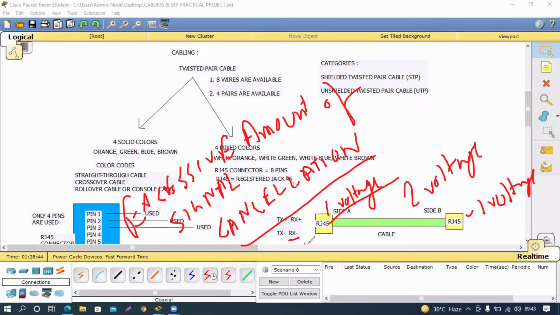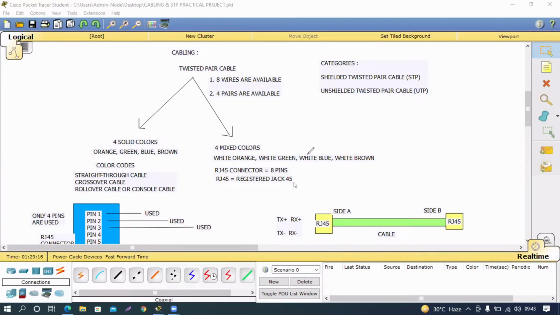Yes, sir. If this one is doing the TX, then this side will be subtracting one from here, and it will be the same because over here the capacity is what? One voltage on the pin. So the excessive amount of voltage, this is your signal, it is being cancelled by this TX minus and RX minus. Okay, negative is always used for signal cancellation purposes. Understood? Yes, sir. Because it's all about the voltage that we are transmitting.